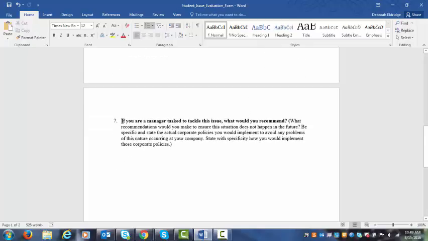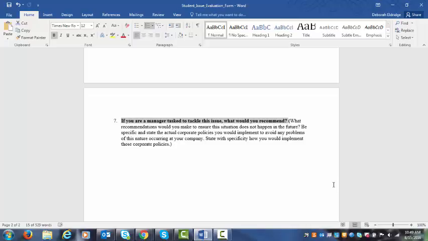Number 7 is your implementation plan. If you're the COO and CEO or whatever the case may be, and now you're tasked with coming up with organizational changes that are going to help your company avoid this situation from happening again in the future, you have to be valid and specific on what implementations need to take place.